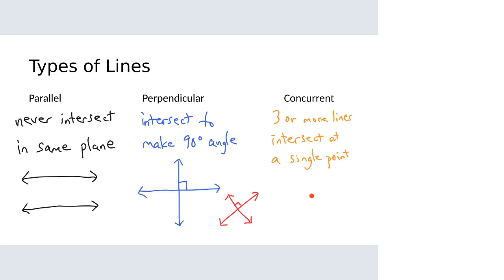We can have more than one line intersecting at a single point, and three or more lines intersecting at a single point are called concurrent lines. That's not a word we use that often, but I do want you to be aware of it.